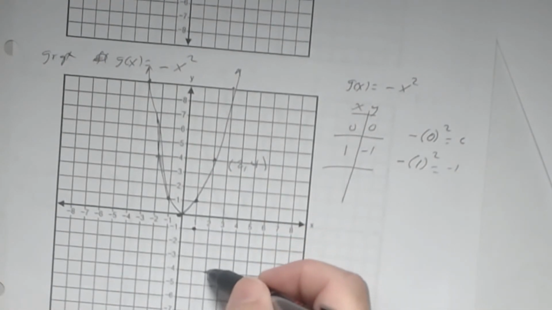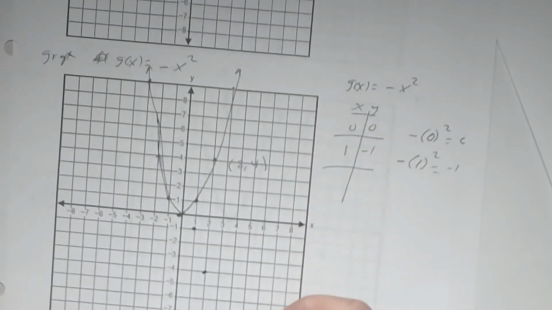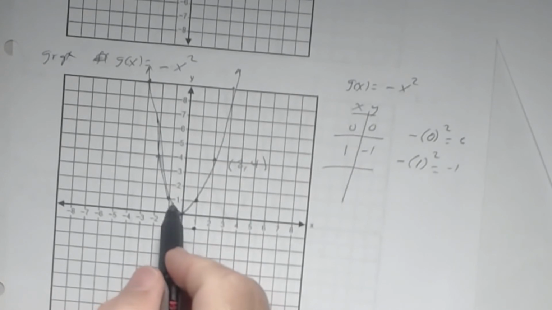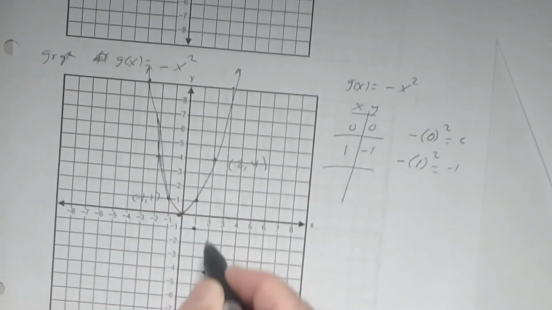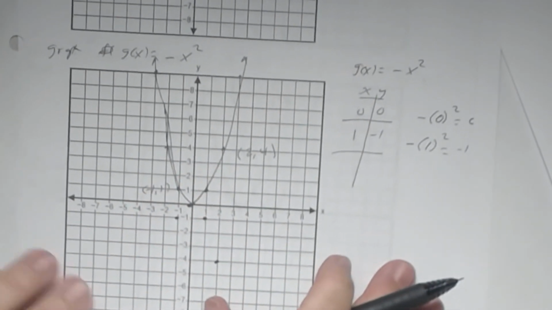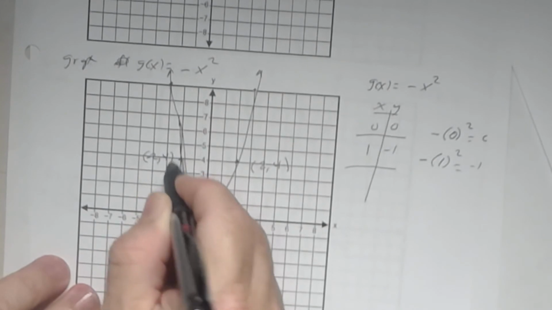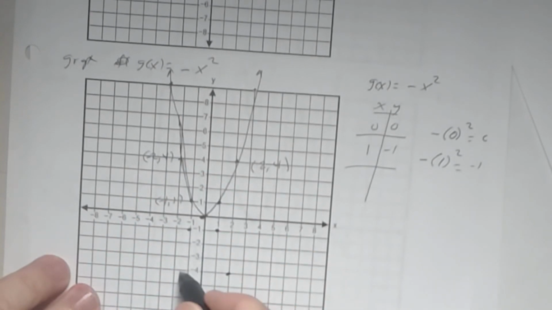And -3, 9 becomes 3, -9. The point that was -1, 1 becomes -1, -1. And this point here, -2, 4, becomes -2, -4.